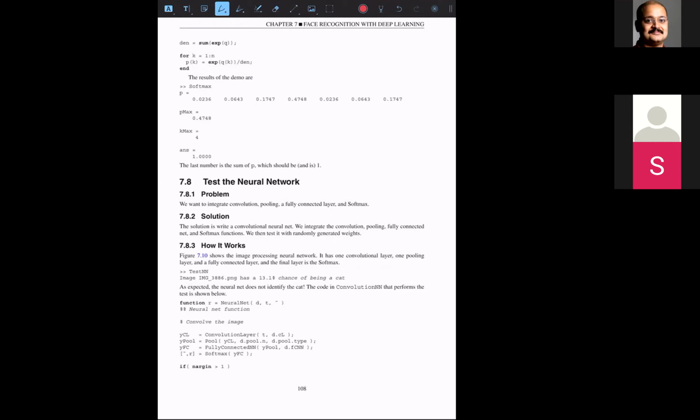Now, what is this test NN? So you have images of cats. And what you are going to do is train a network based on those cat images. And those cat images are nothing but 2 by 2, just an M by N matrix.